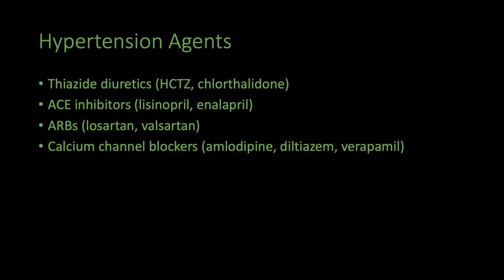Thiazide diuretics, understanding how they work in the system, is important too. You're just going to have to understand all these different concepts so that you can master this portion of the exam. So that's pretty much it on these sections.